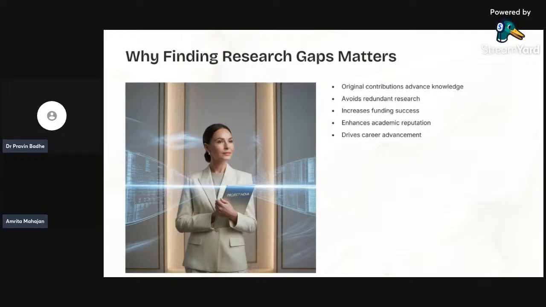It also enhances academic reputation, establishing you as a thought leader or an expert in that field, and drives career advancement. It also opens doors to new opportunities for your professional recognition as well.